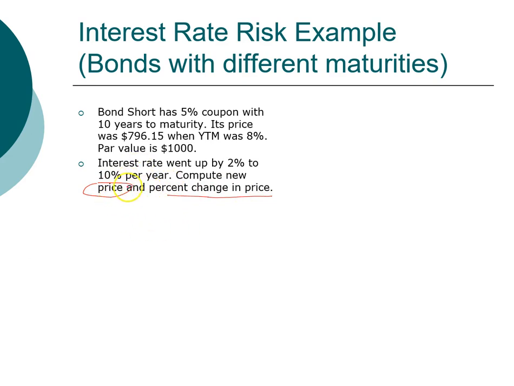First of all, to find the new price, we need the basic information of the bond. So here is a 5% coupon bond. That means that the coupon payment is going to be 5% on $1,000, and that's going to be $50, but it's a semi-annual bond, so the coupon payment itself is $25.